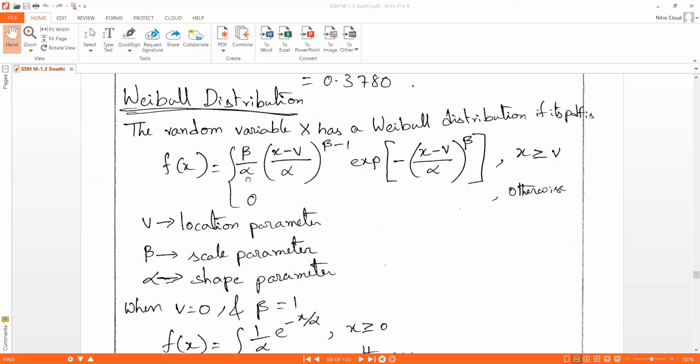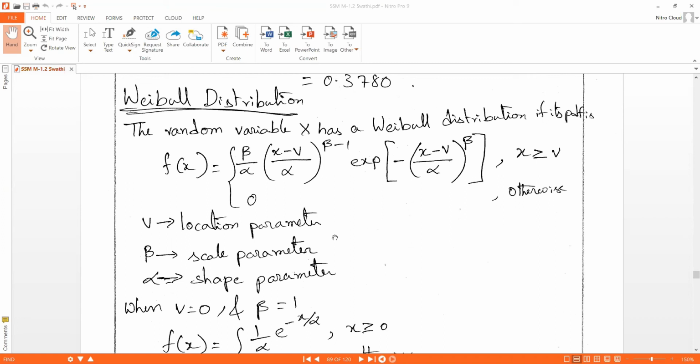Next, we have another distribution called Weibull distribution. The random variable x has a Weibull distribution if its PDF is f of x equal to beta by alpha into x minus v divided by alpha whole power beta minus 1 into exponential of minus x minus v divided by alpha whole power beta, for x greater than or equal to v.